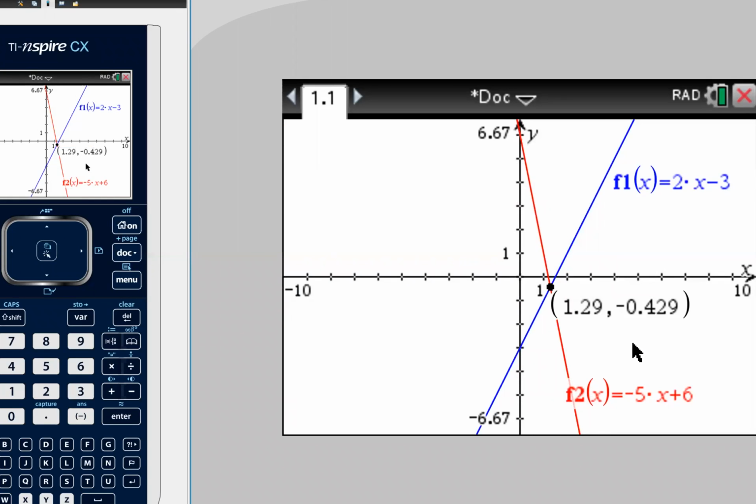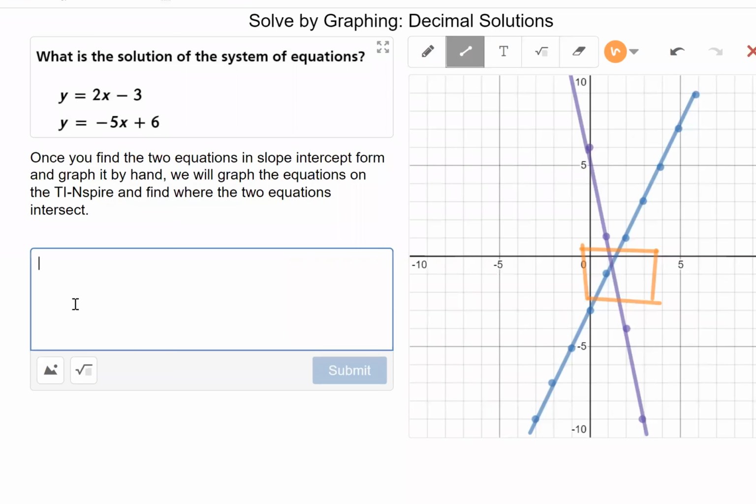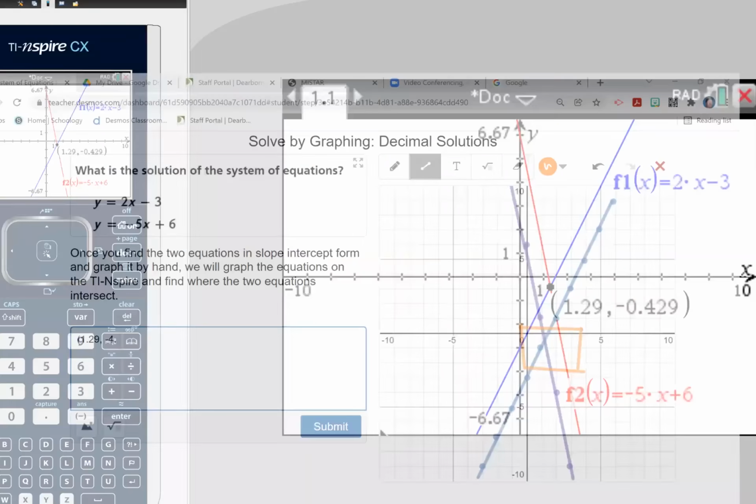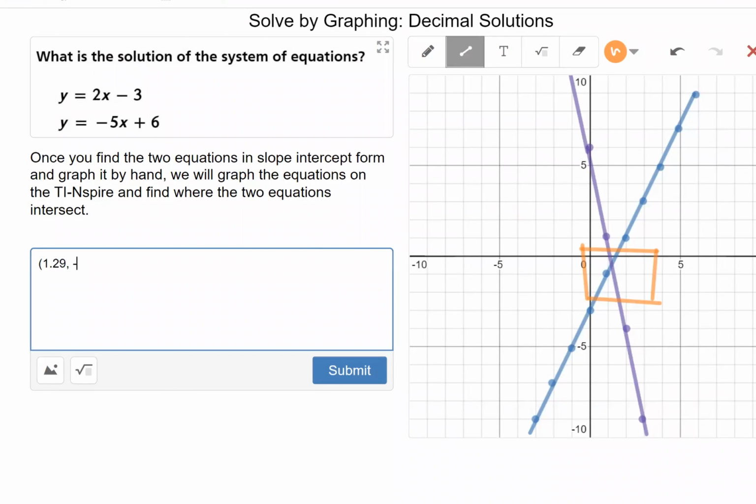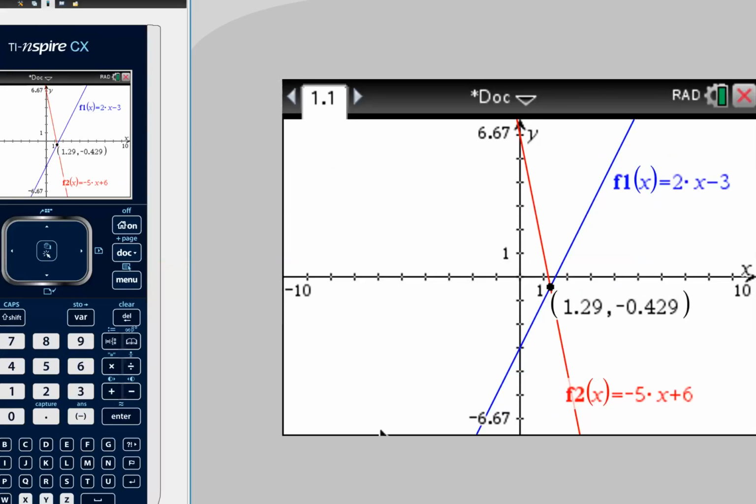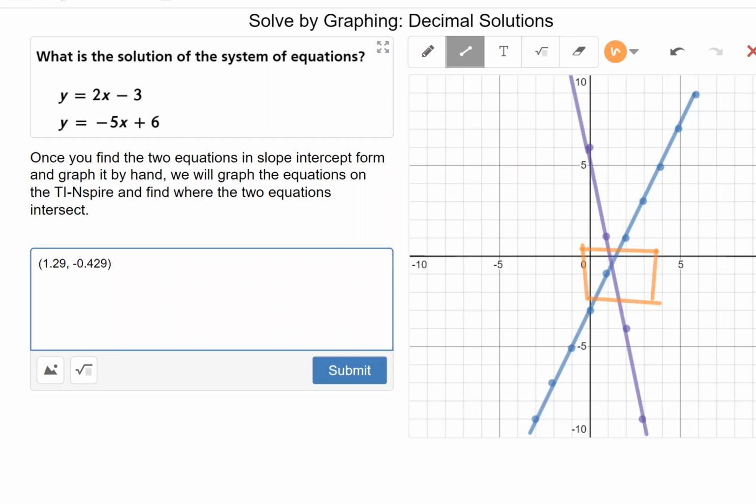Get the intersection point. Even though it's a decimal, it's still okay. It's one solution. That one solution happens at 1.29, comma, negative 4. Oh, sorry, negative 0.429. There you go. So that's all you have to do.